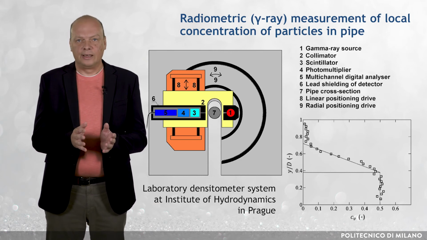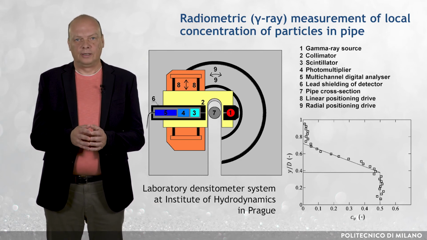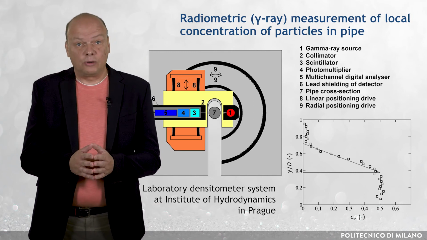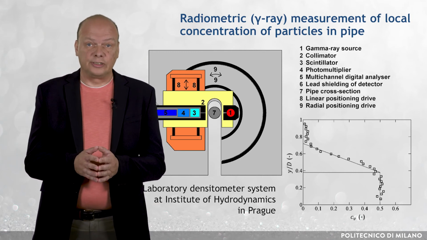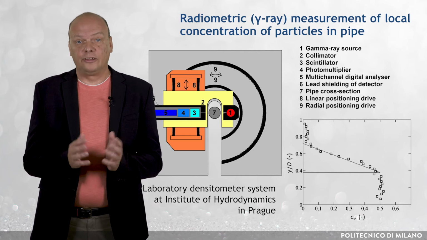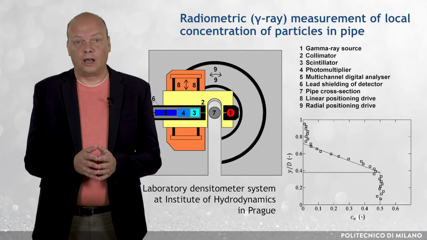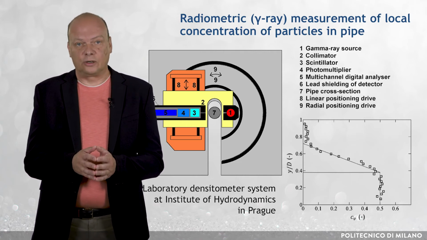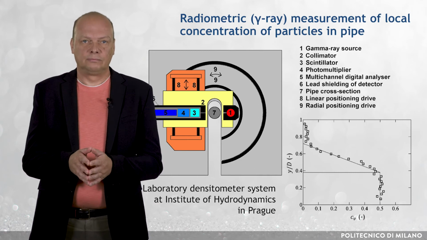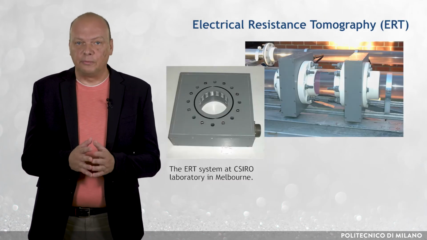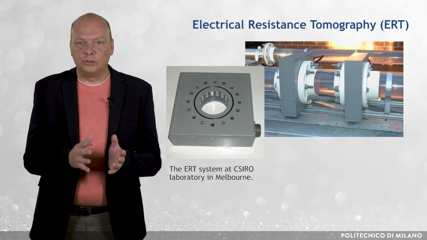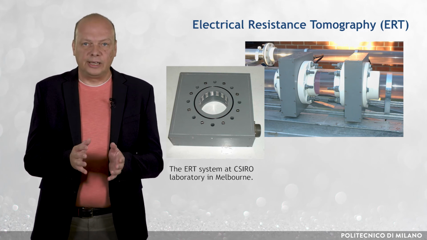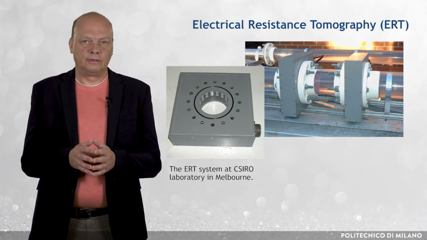Gamma rays are most commonly used. The instrument measures local densities at different locations in a pipe cross-section and so detects a distribution of solids expressed as a concentration profile. Even more detailed information on the local distribution of solids can be obtained by tomographic techniques.